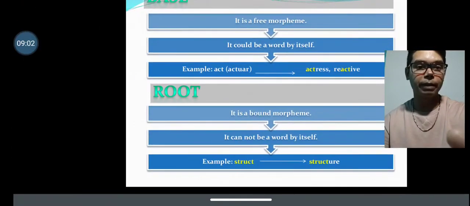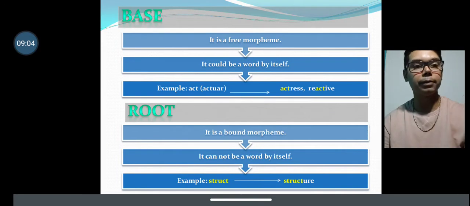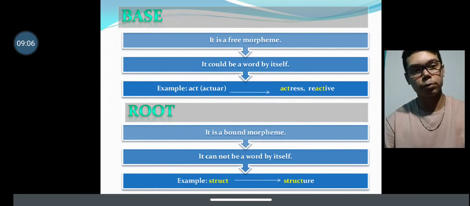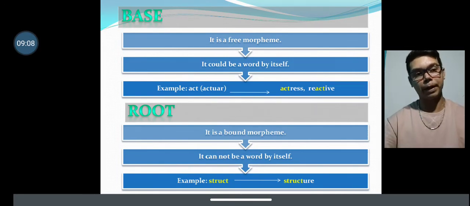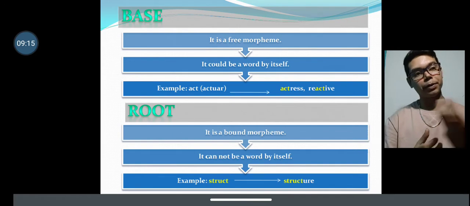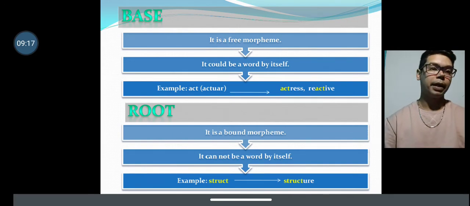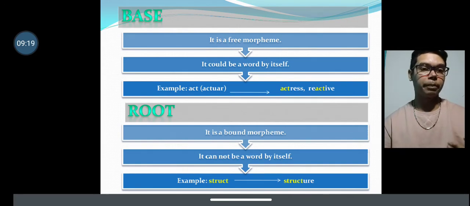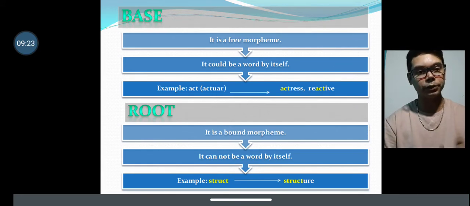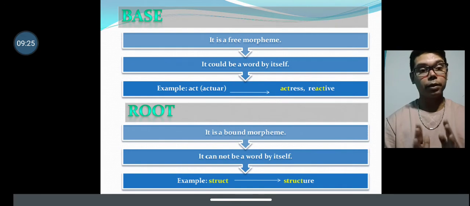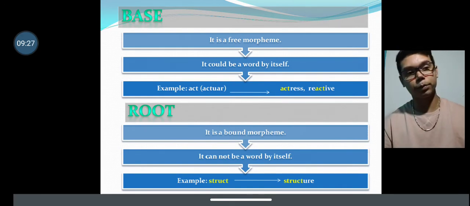Por otra parte, tenemos las raíces. Okay? We're going to notice that the root, it is a bound morpheme. Es un morfema ligado. Usualmente, como necesita un prefijo, un sufijo, las raíces van a ser morfemas ligados. Okay? It cannot be a word by itself. No puede ser una palabra por sí sola.